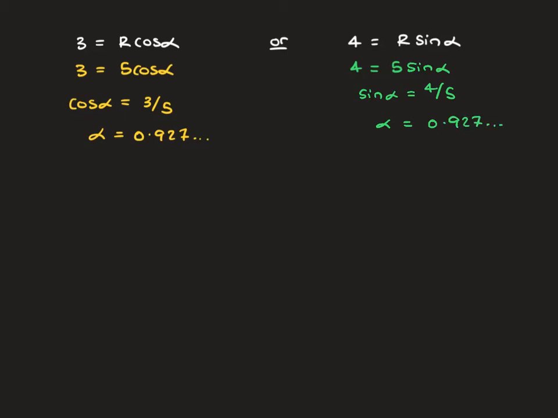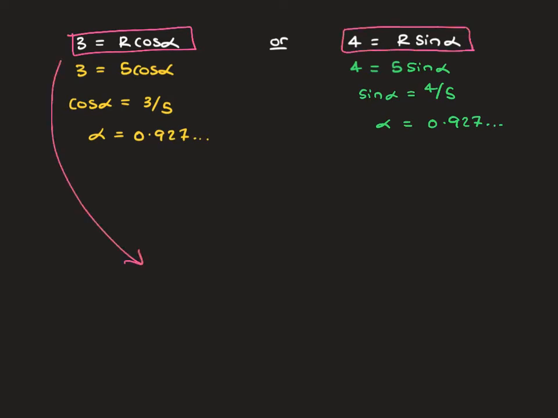Now, another nice alternative way is to use both of these results together and to use the fact that we can take these and divide one equation by the other.